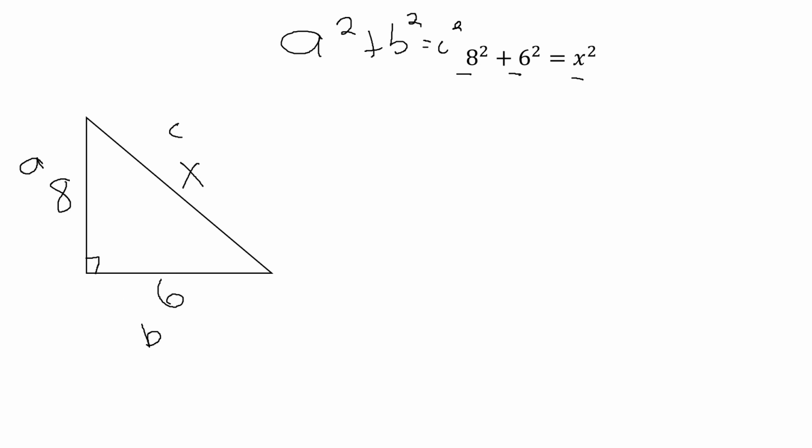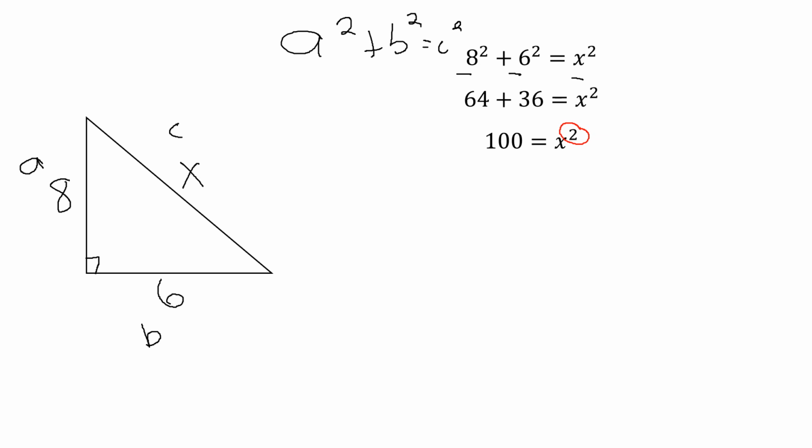this for x. So step 1, exponents. 8 squared is 64. 6 squared is 36. Then I add those together and I have 100 equals x squared. Now I'm not finished yet because x is not by itself. Technically x is squared. So to get rid of that squared, we have to do the inverse.